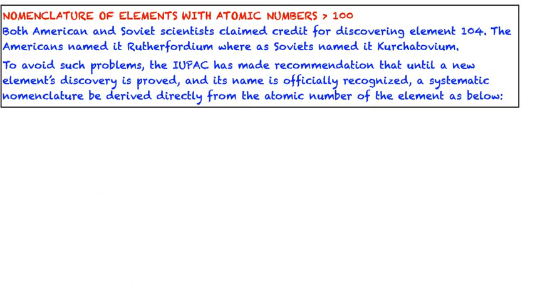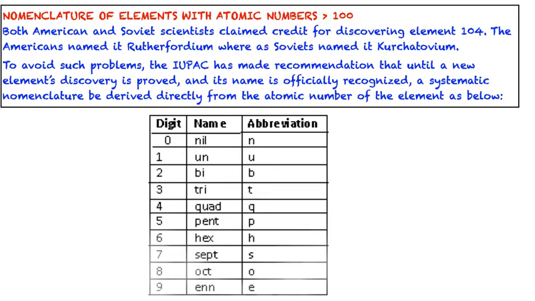Nomenclature. Both American and Soviet scientists claimed the credit for discovery of element 104. The Americans named it Rutherfordium, whereas the Soviet name is Kurchatovium. To avoid such problems, the IUPAC has made a recommendation that until a new element's discovery is proved and its name is officially recognized, a systematic nomenclature be derived directly from the atomic number of the element as shown below.